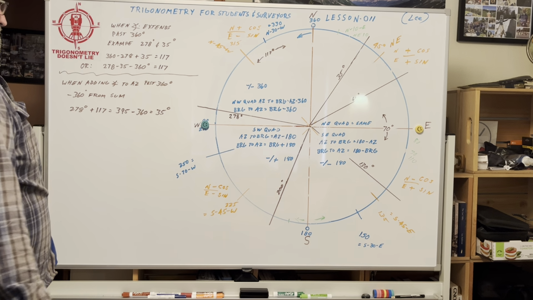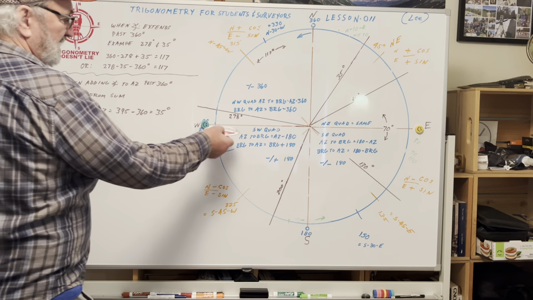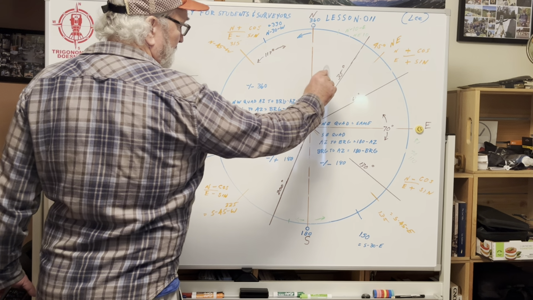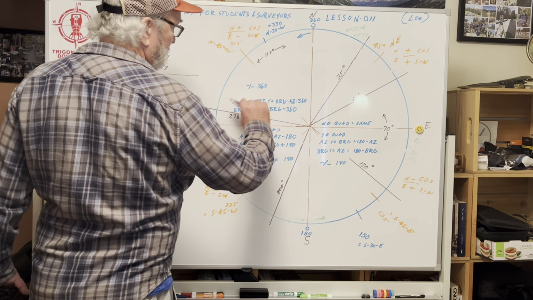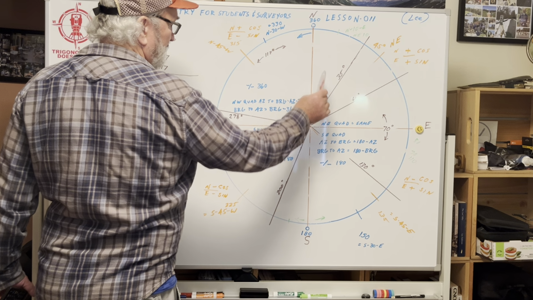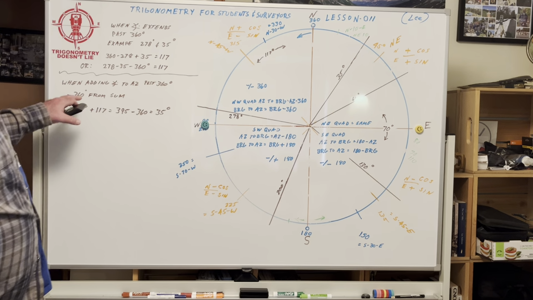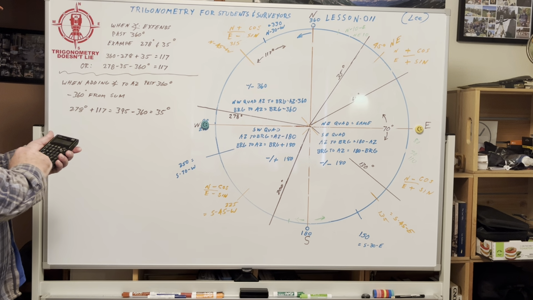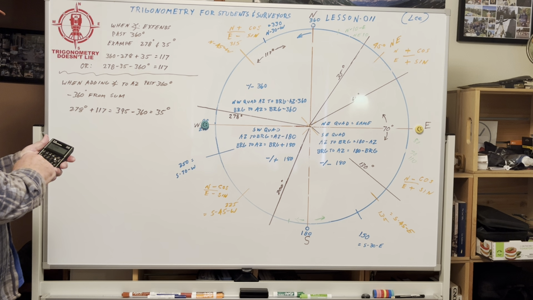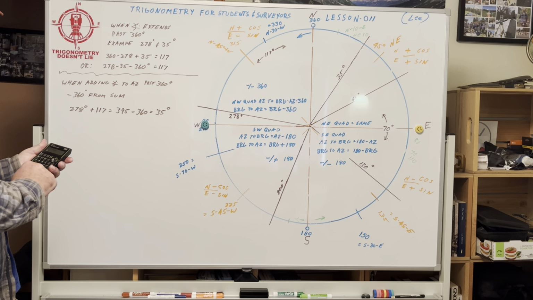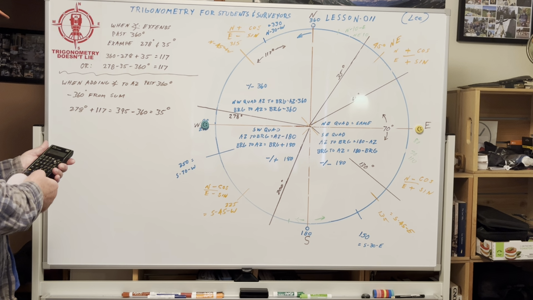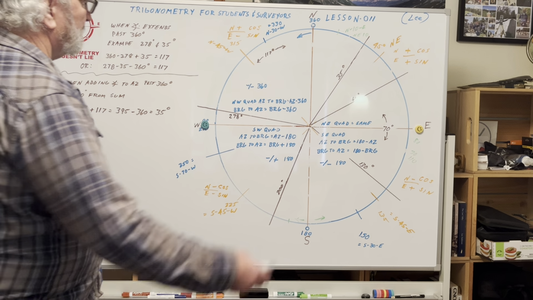The other way is you could take 278. Here's another angle, this angle all the way around here. It would be whatever this angle is minus 360. So one way to do that is 278 minus 35, which is 243, and 360 minus that is 117.